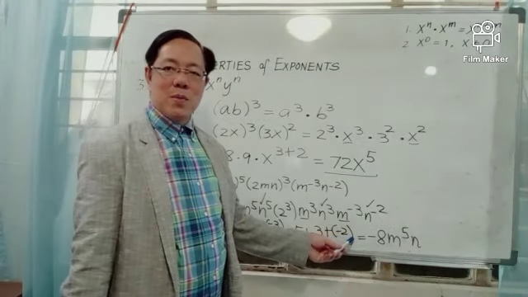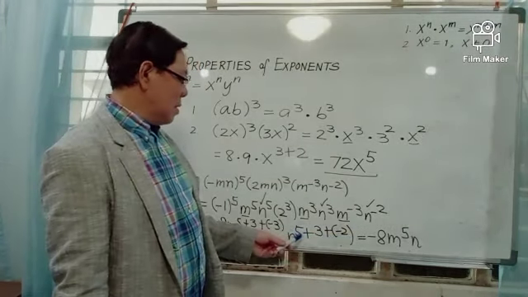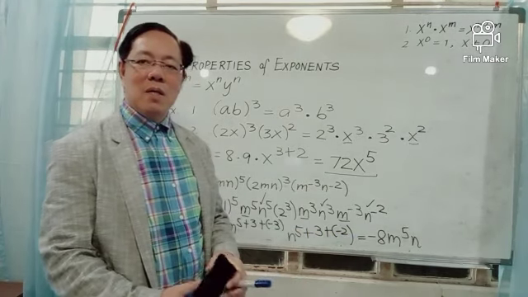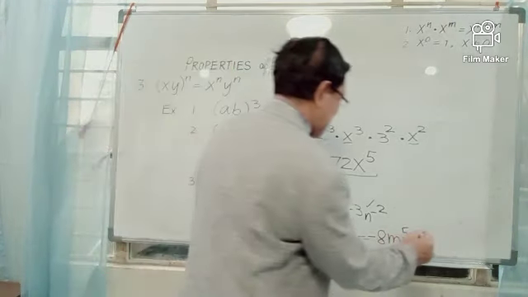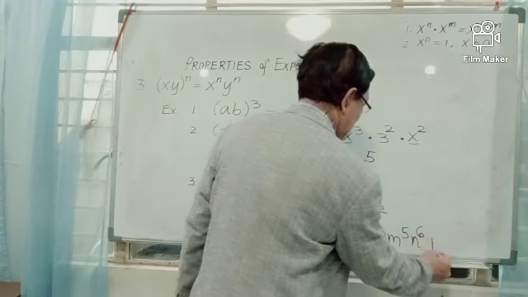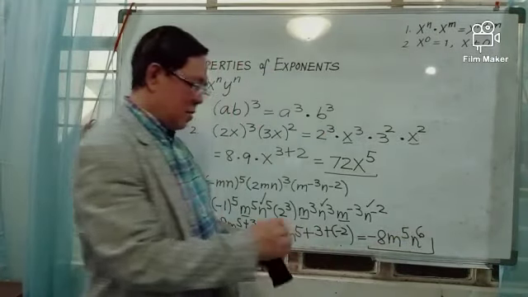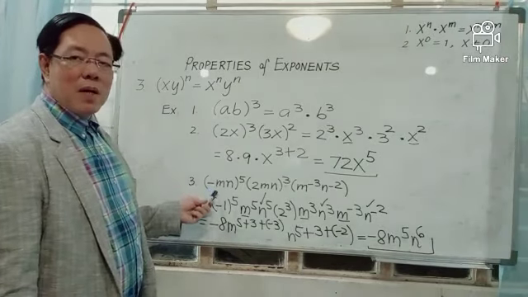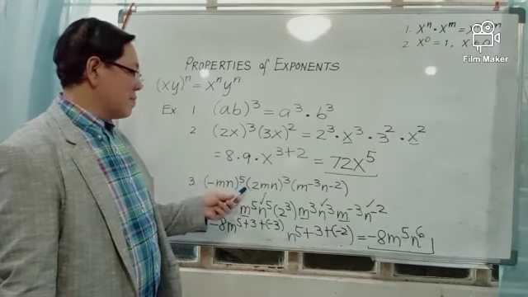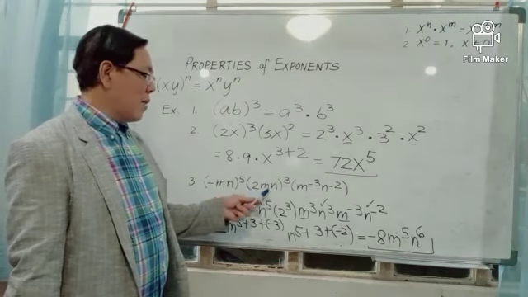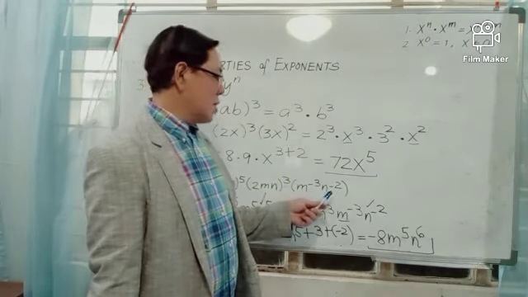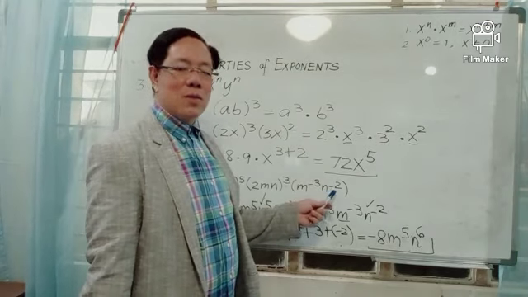Positive times negative 2 is negative 2. So this is 5 plus 3 minus 2 is 6. That's the product of the given negative mn raised to 5 multiplied by 2mn raised to 3 multiplied by m to the negative 3 and by n to the negative 2.